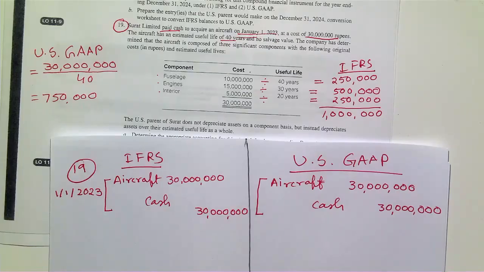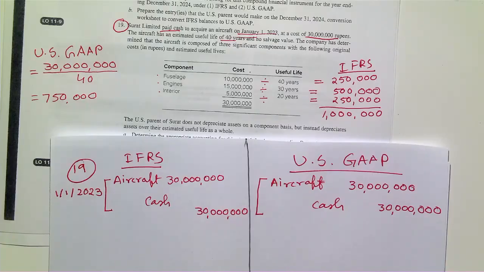Debit depreciation expense, very good. And credit? Credit the item. If it's intangible, sometimes we directly credit it. But for regular long-term assets, we go through another account, which is accumulated depreciation, right?